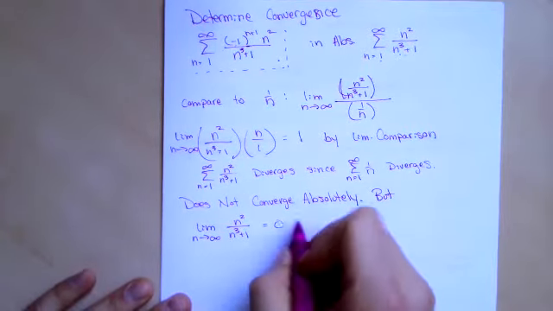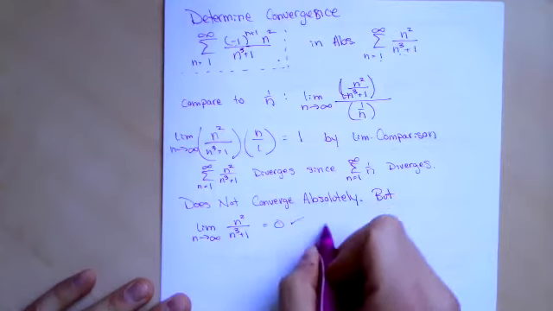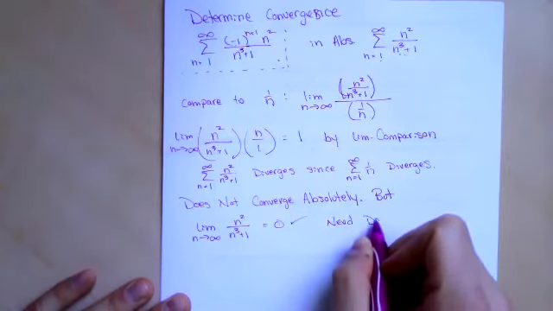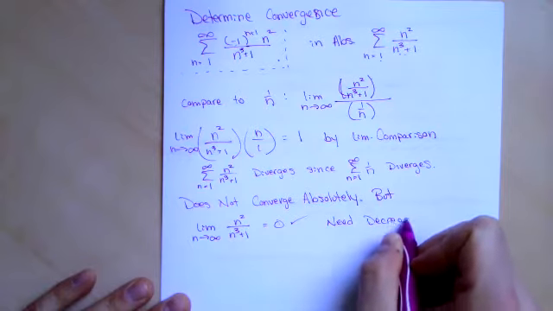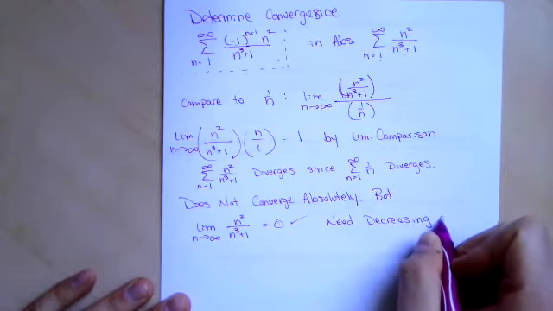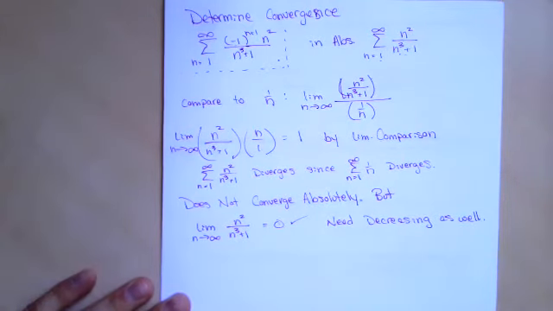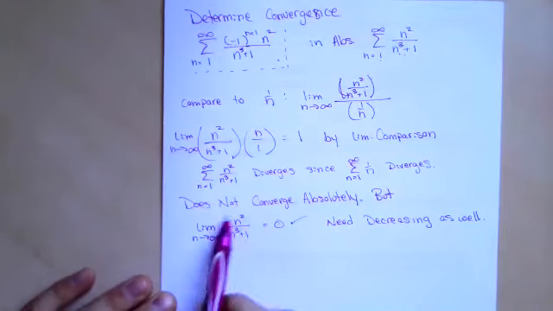And now what we need to check is decreasing. So they pass the divergence test. We check decreasing on the individual terms.